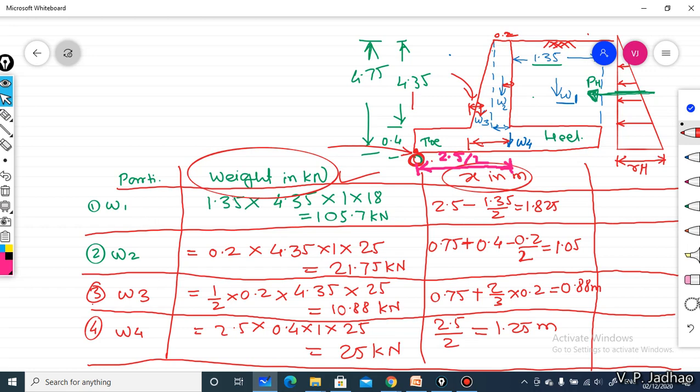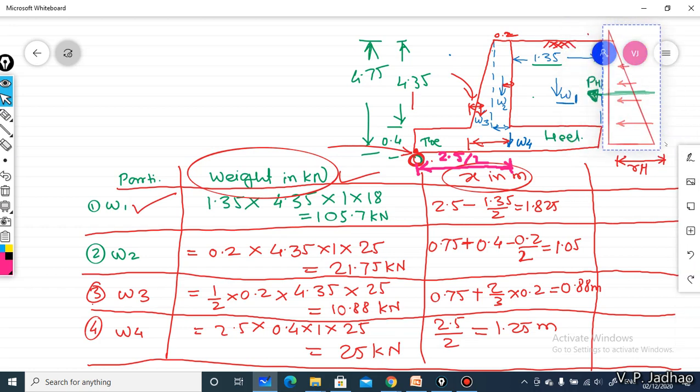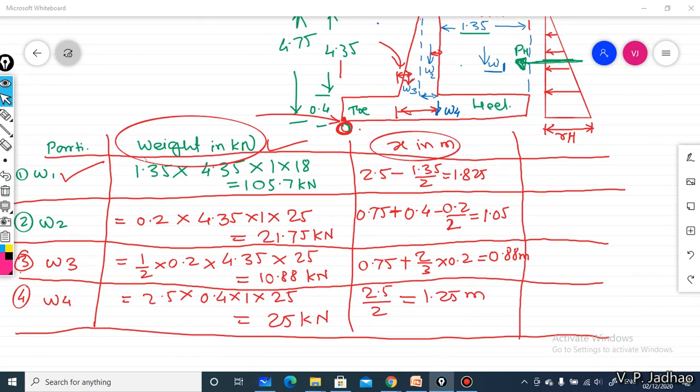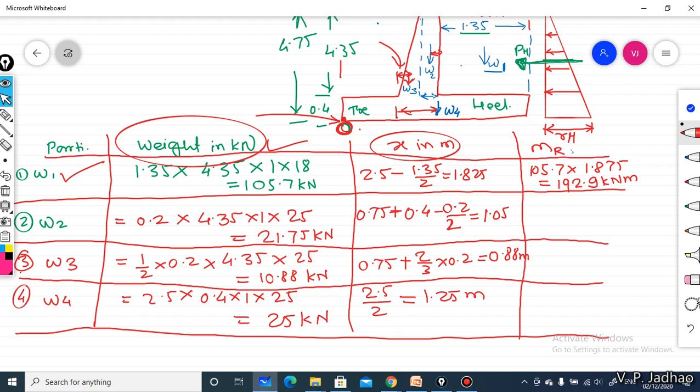So the moment developed due to W1 is 105.7 multiplied by 1.875, which equals 192.9 kilonewton meter. This is the resisting moment.